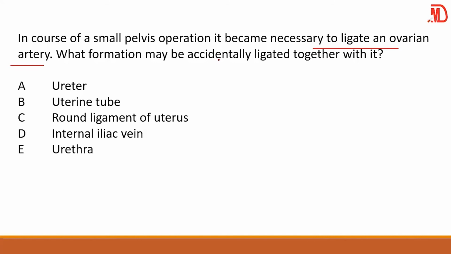Sometimes when you're doing a surgery and you don't take care, you might end up ligating this ureter, because one way or the other it moves hand in hand with this ovarian artery. They move alongside, so if you don't take care, you might mistake the ureter for the ovarian artery. That can be a very difficult thing to deal with, if you ask me.